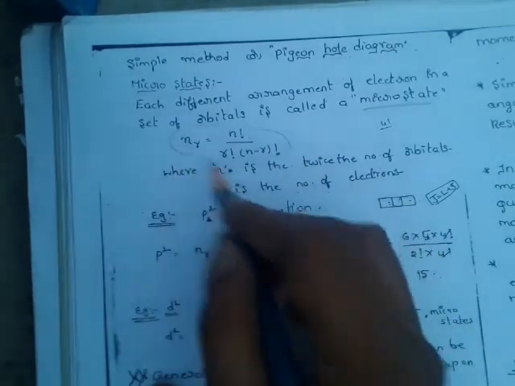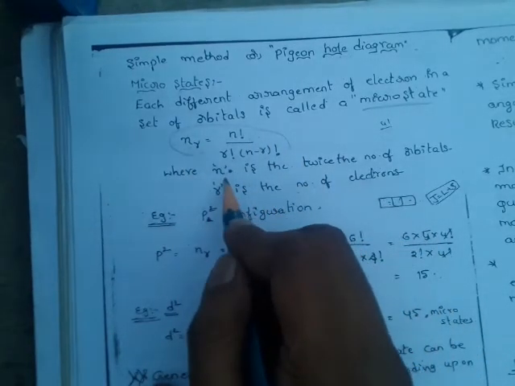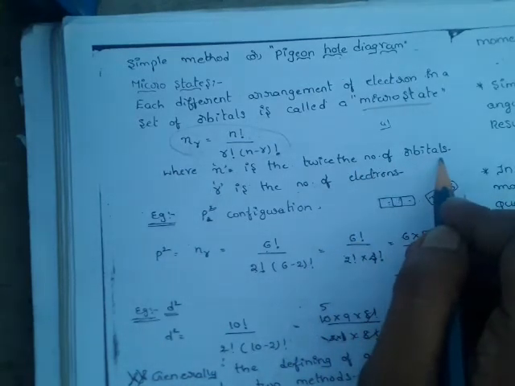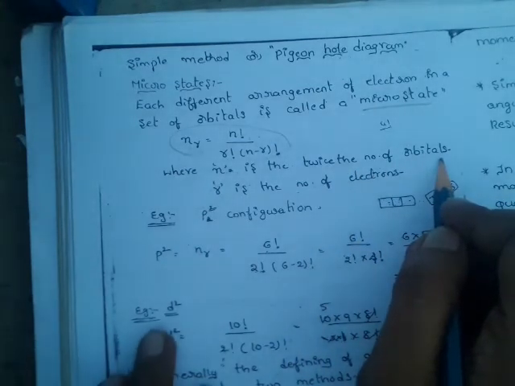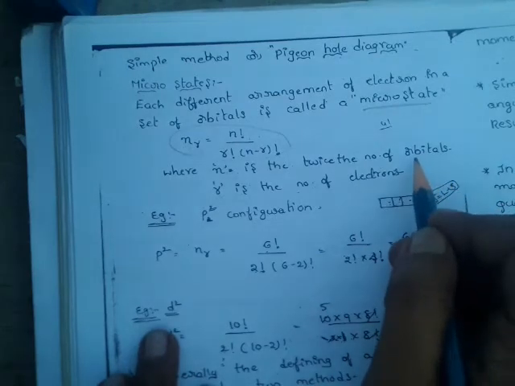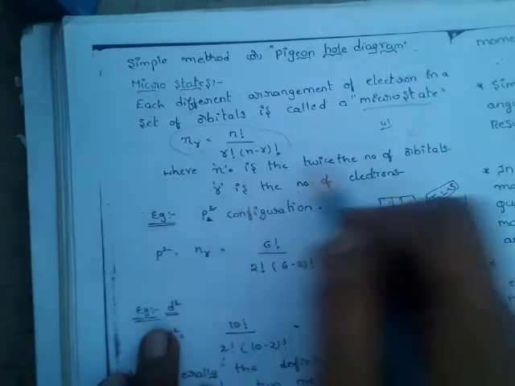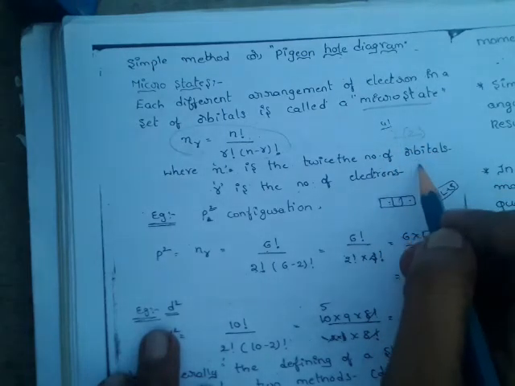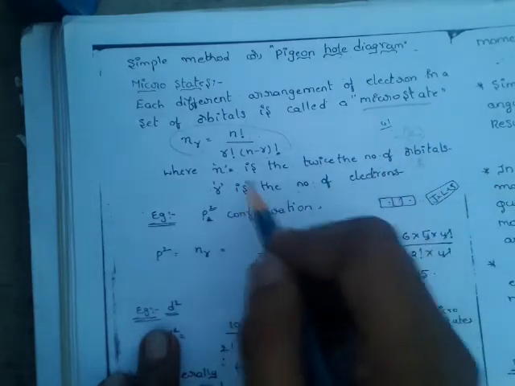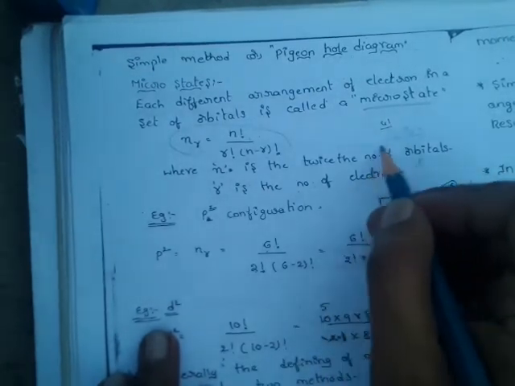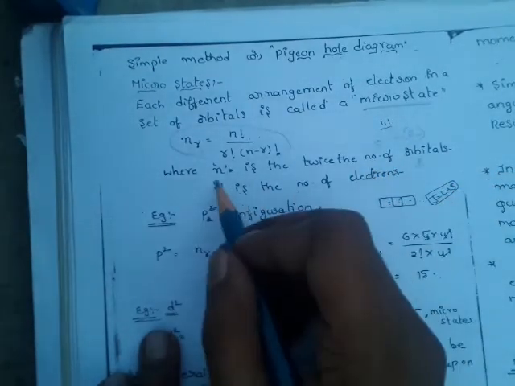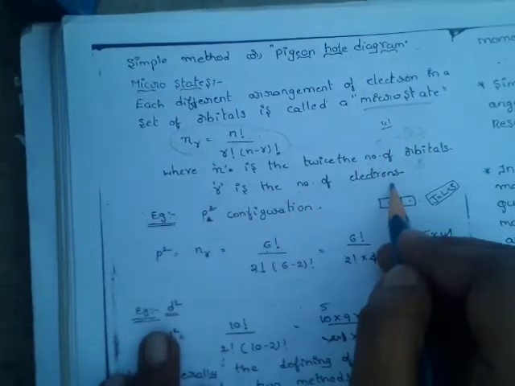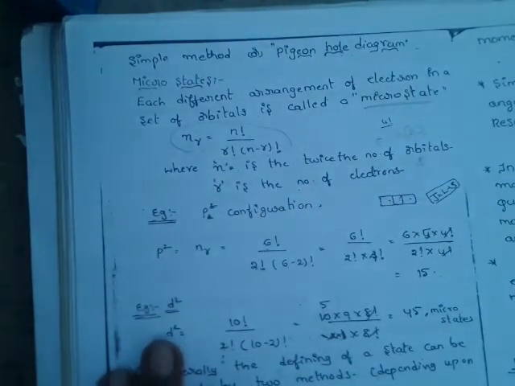Here n is twice the number of orbitals. If the number of orbitals is 3, then n is 2 into 3, 6. If the number of orbitals is 5, n is 2 into 5, 10. And r is the number of electrons.